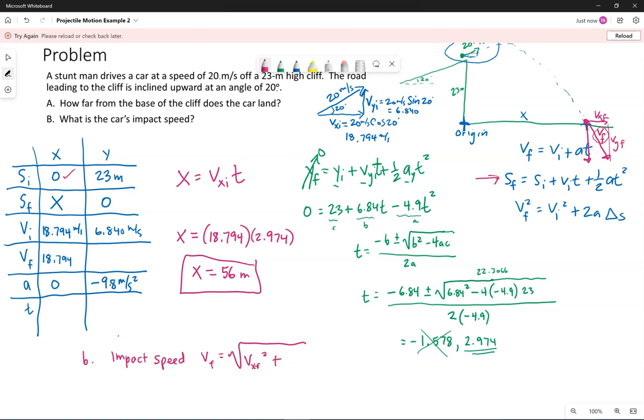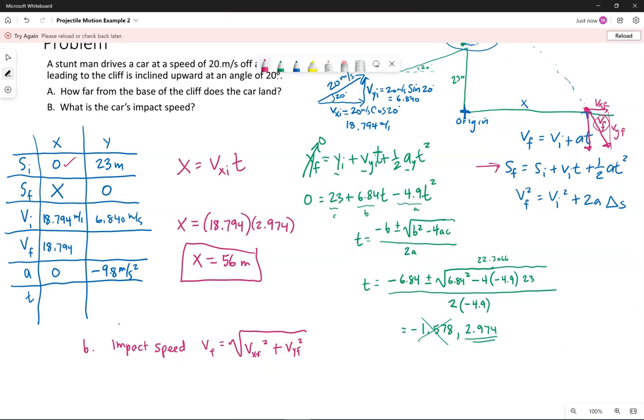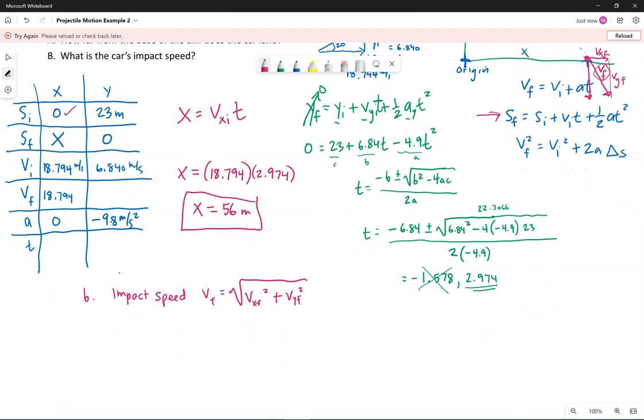The x component of the final velocity squared plus the y component squared, square rooted. We already know vx final, but we need to find vy final as well. Now that we have time, we could use that top equation: vy final will equal vy initial plus the acceleration in the y direction times time.